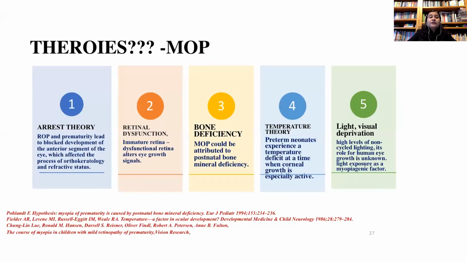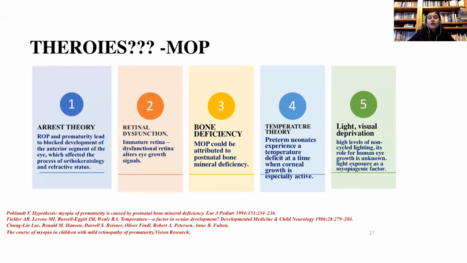So there are several theories postulated for myopia of prematurity. Though none of them is 100% conclusive, these theories are postulated to be responsible for myopia of prematurity. First is the arrest theory, which states that ROP and prematurity lead to blocked development of the anterior segment of the eye, which affects emmetropization and refractive status. The retinal dysfunction theory states that a dysfunctional retina alters the eye growth signals.